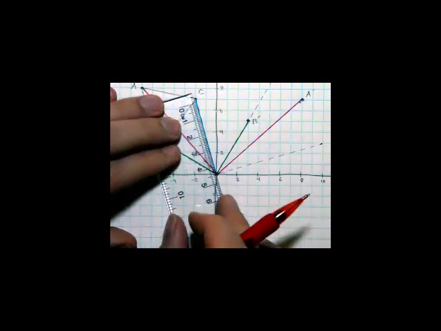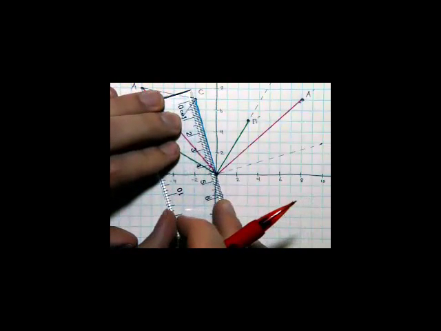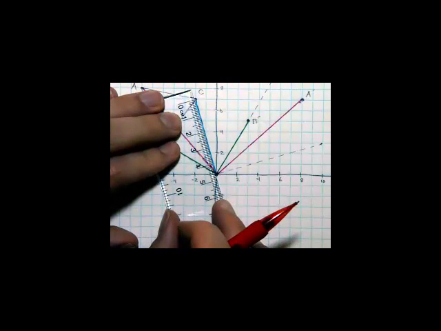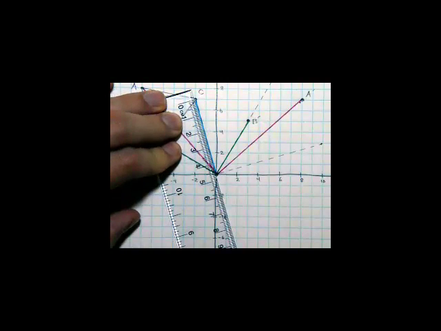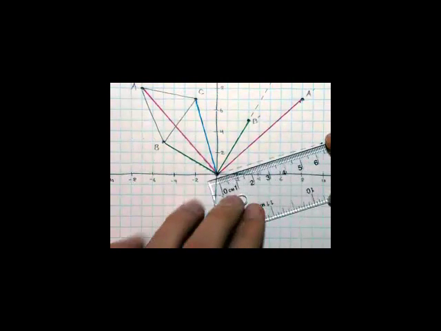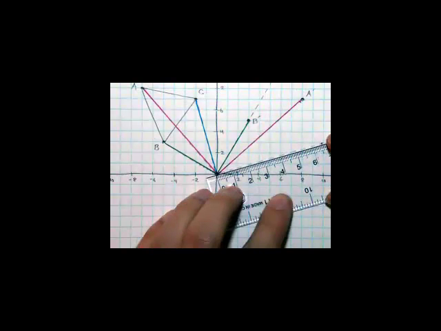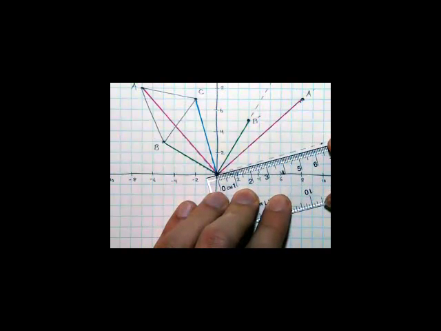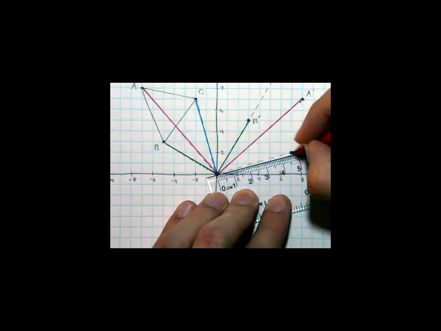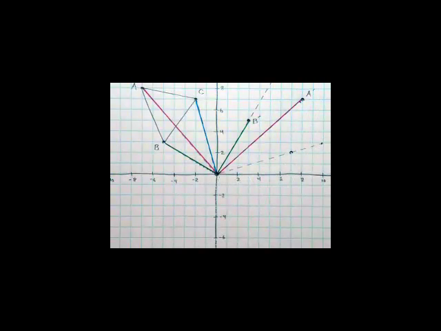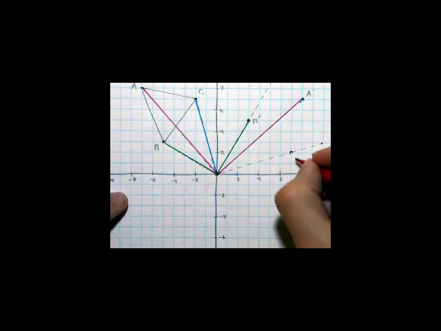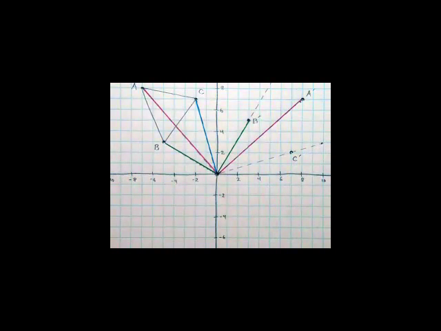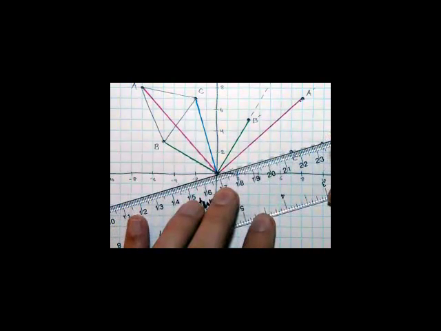In centimeters, it looks like about 4.6, 4.7, somewhere in there. So if I go about 4.6 or 7, I'm ending up about right here. So there's my C prime. So make that one blue.